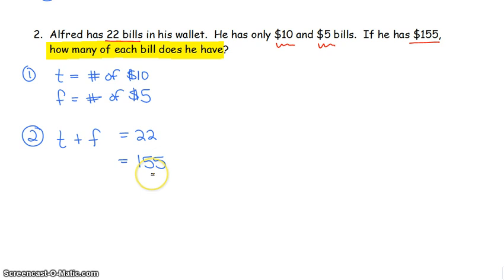Now I want to do total value, or total amount of money in your pocket. Well, 10s are worth $10 and 5s are worth $5. So you get $10 for every $10 bill you have, $5 for every $5 bill. You've got your system.